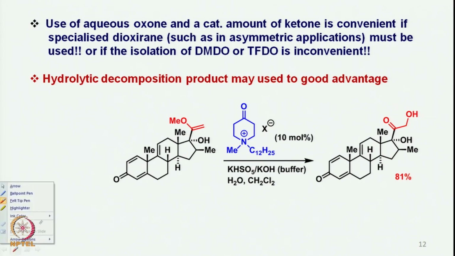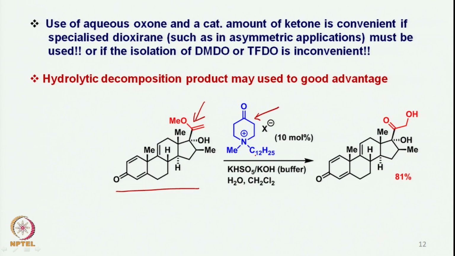Here for example you have a substrate of this kind, and if you have this enol ether, then one can prepare the corresponding dioxazine in a very interesting way, by using this ketone which has an ammonium salt, so that it is soluble in water, and one can have the oxone and a potassium hydroxide buffer.